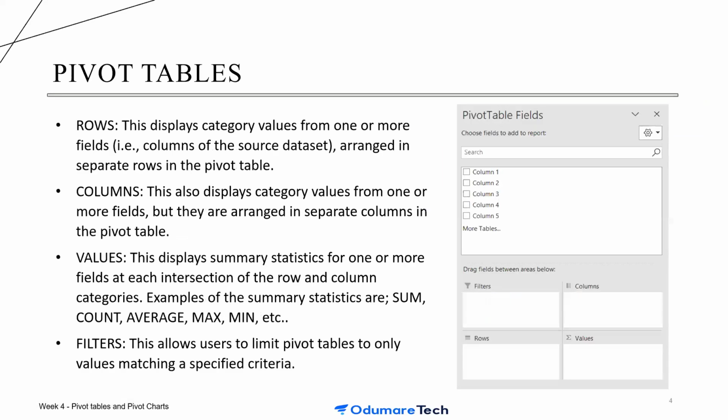These four areas are the rows area, the column area, the value area, and also the filter area. We'll see how all of this actually plays out when we get to the practicalization of it.